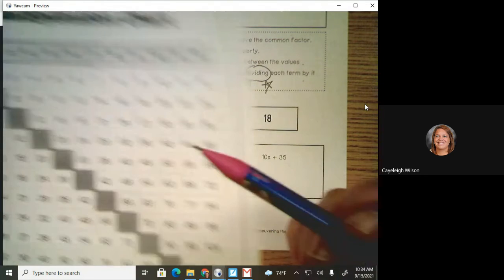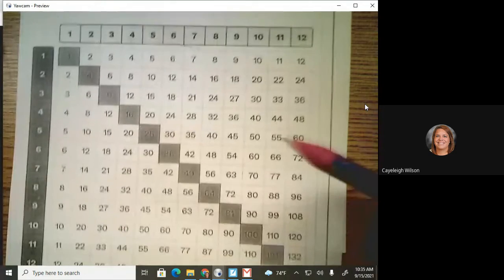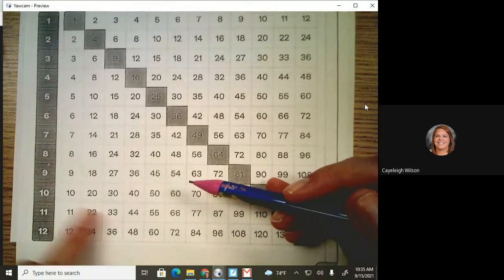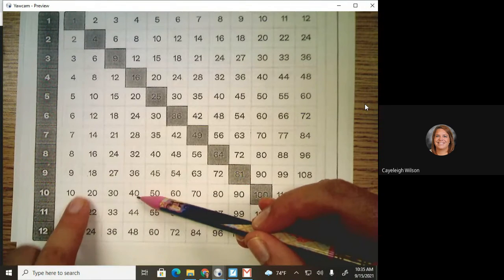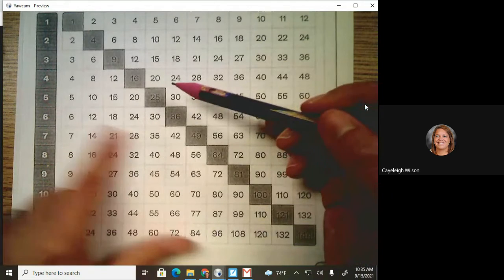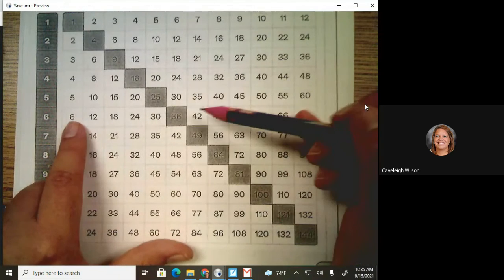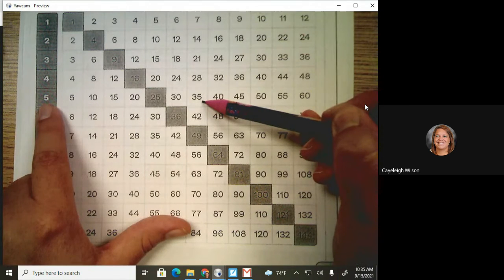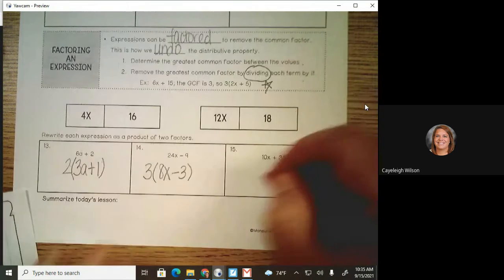Good. So once again, 10 and 35. I'm going to look on my paper. No 10 or 35. Here's a 10, but no 35. Oh, here's a 10 and a 35. So that's how I know the greatest common factor is 5. So I'm going to put a 5.